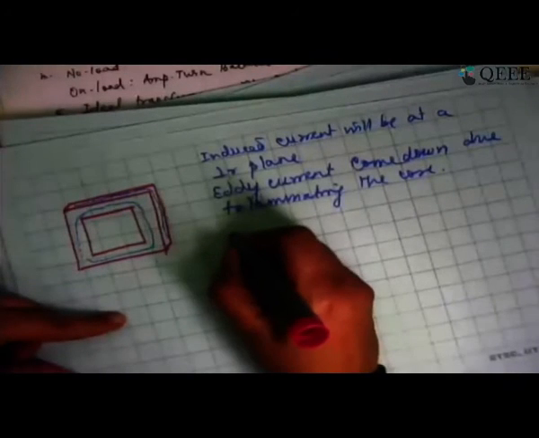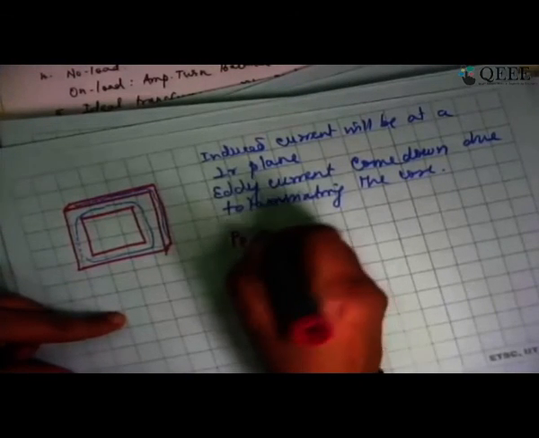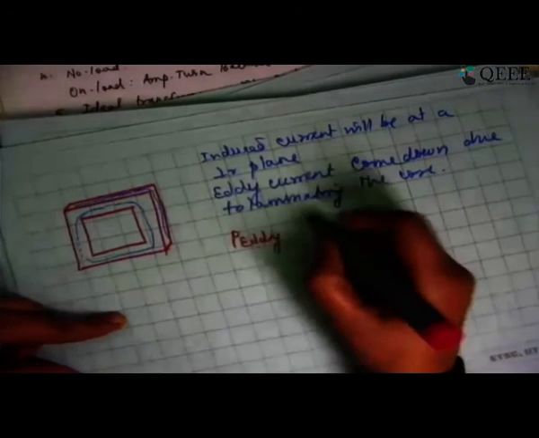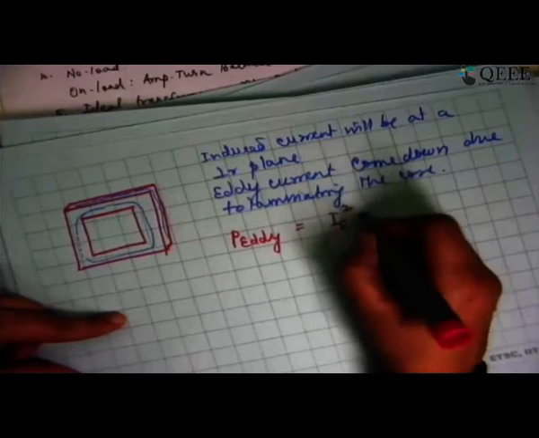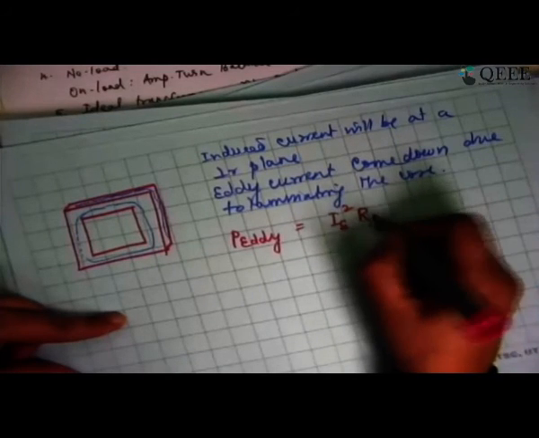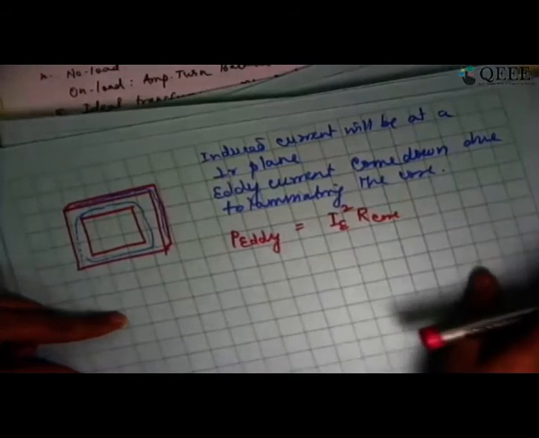Right? So eddy current losses, if I look at it, I told you that P eddy, if I call this eddy current losses, is equal to I eddy current square multiplied by R of the core. This is the expression.